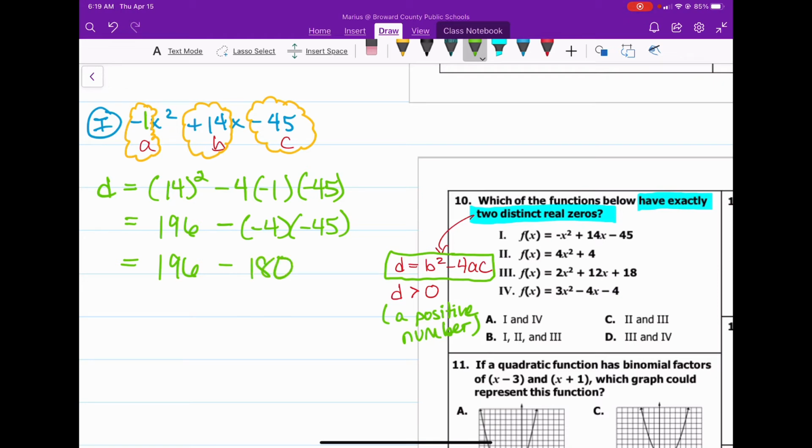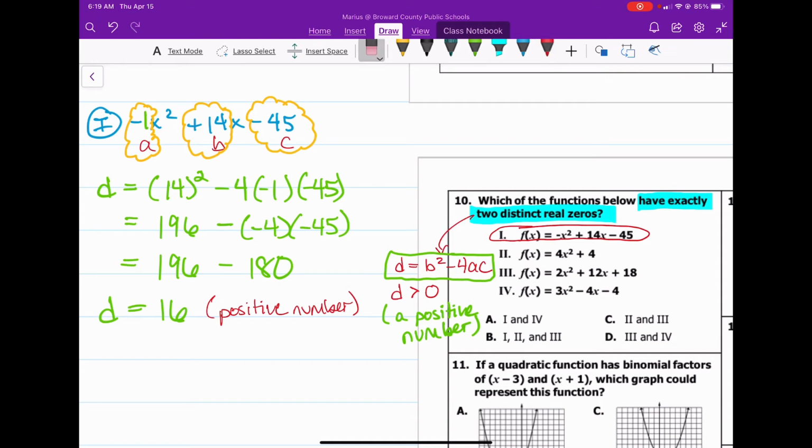Now we do 196 minus 180. That's going to give us 16. So D is equal to 16, which is a positive number, right? So what does that mean? That this function has two real zeros. So Roman numeral 1 is one of our answers.